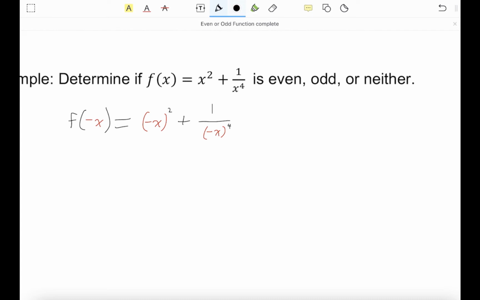If we simplify this, negative x squared is the same as x squared, plus 1 over negative x to the fourth is the same as x to the fourth. And this is the same as the original function. Because of that, this is an even function.